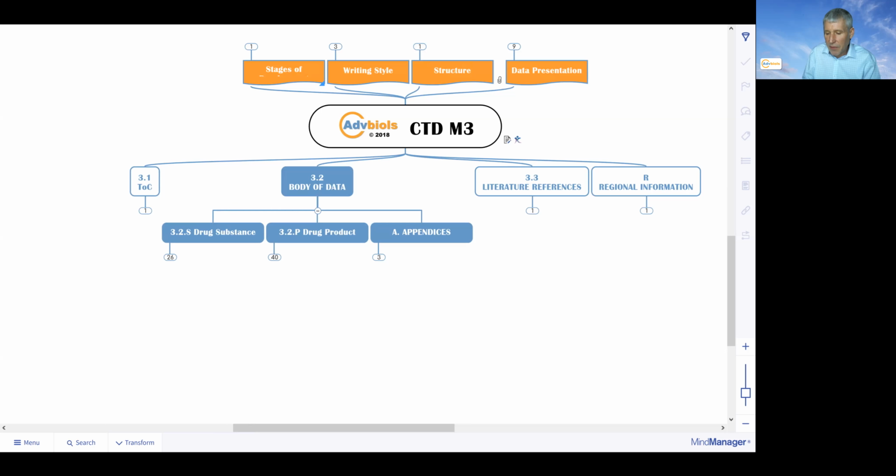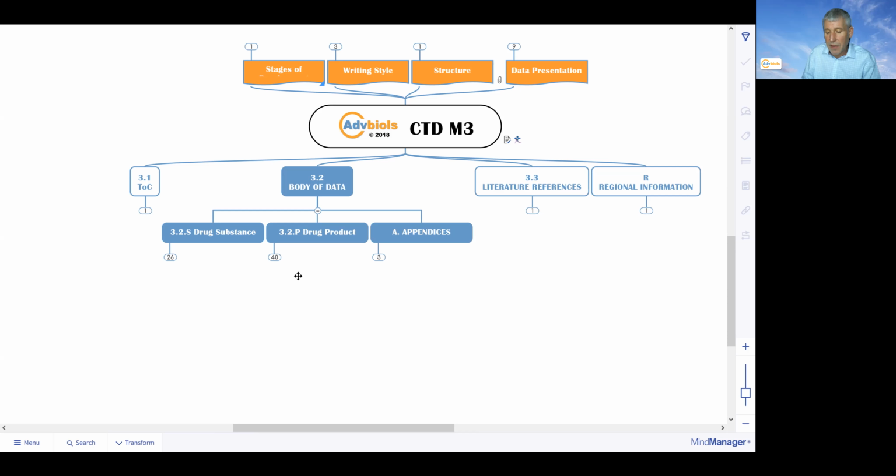So aside from the fact that there is a regional section for those things that weren't agreed internationally that some regions may want. And then there's a literature section, because you should provide copies of all your literature that you cite with your dossier. Actually for clinical trials as well, really, but certainly for market authorization. There's a table of contents. But 3.2 is the main body of the data.